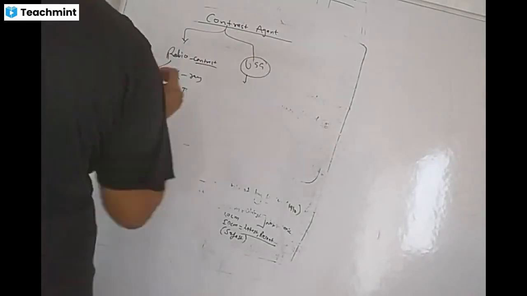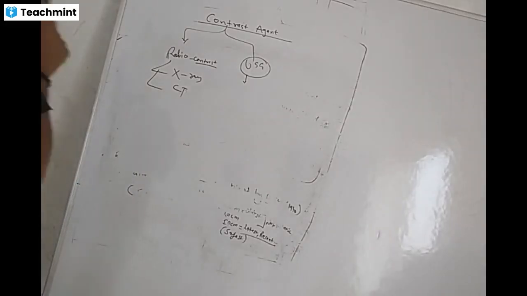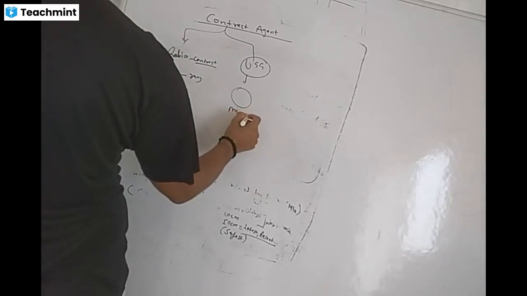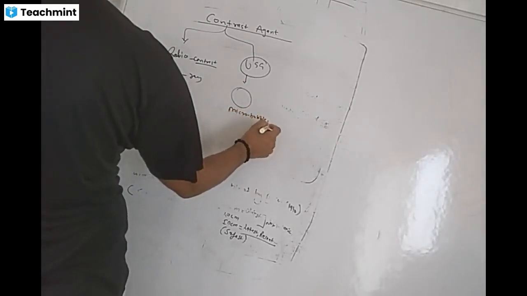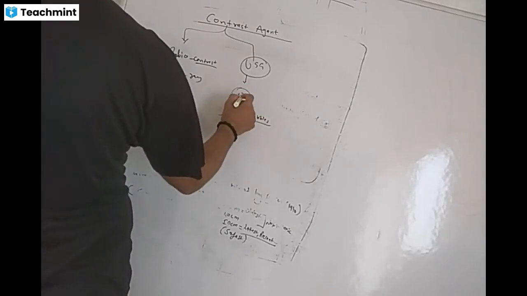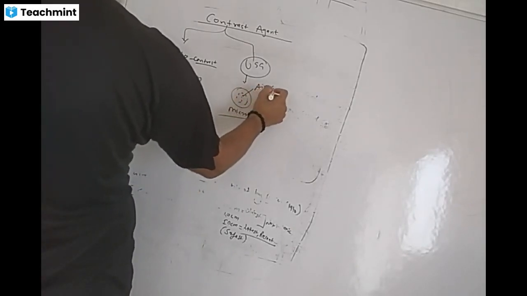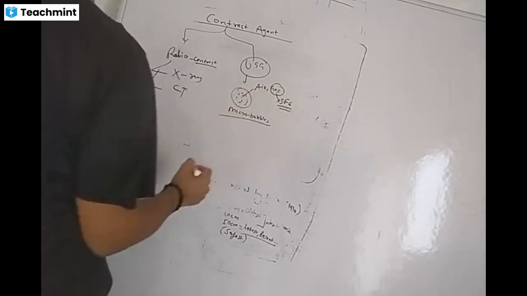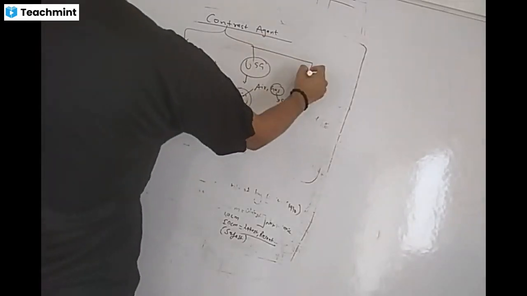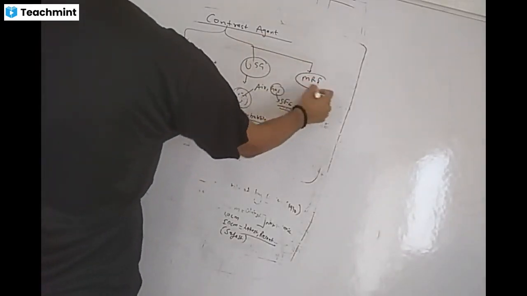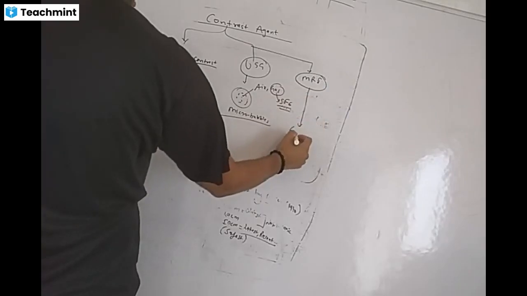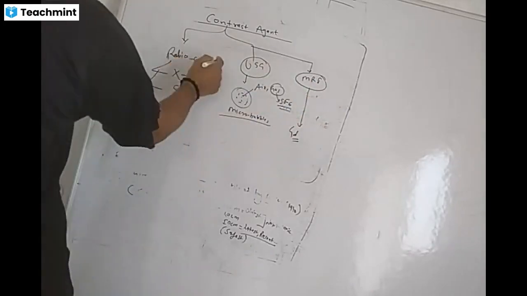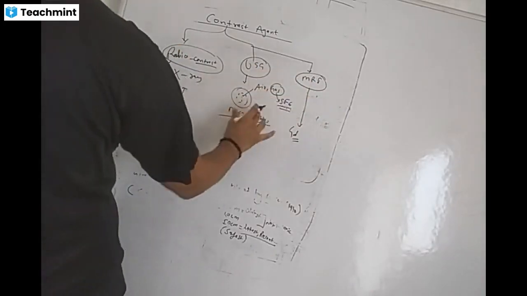We use them with ultrasonography. These are nothing but small microbubbles containing air or some gas, most commonly SF6. Then we have MRI. The contrast agent used is Gd, gadolinium. So these are the techniques and the names of the contrast agents.